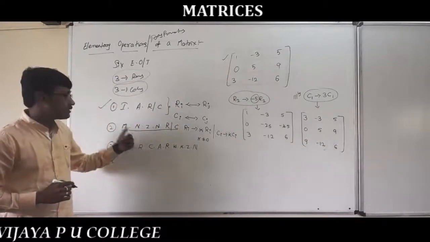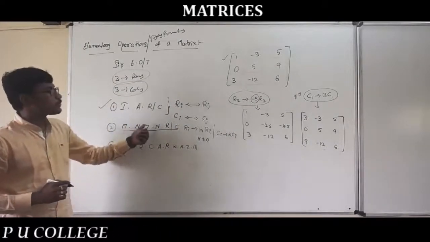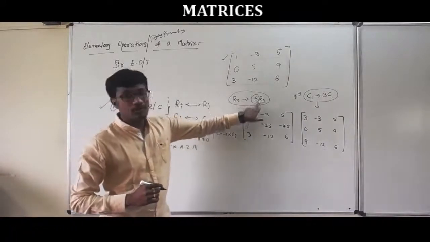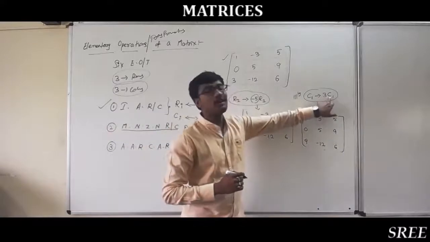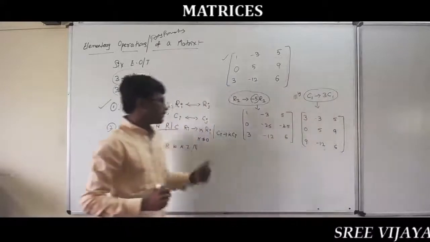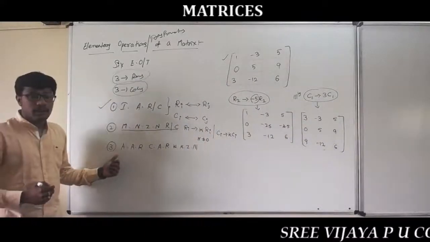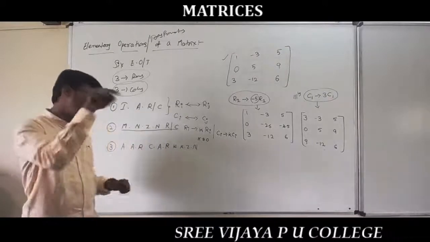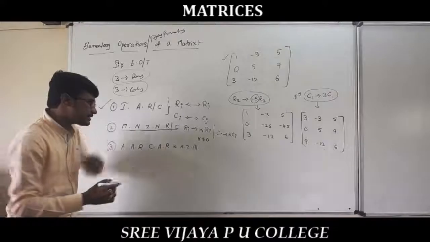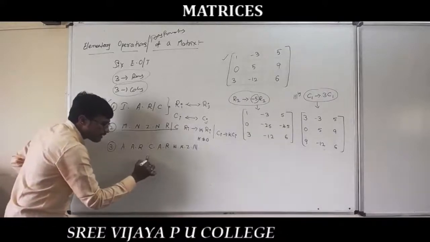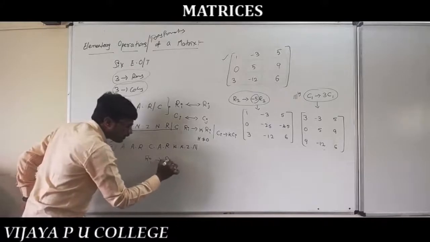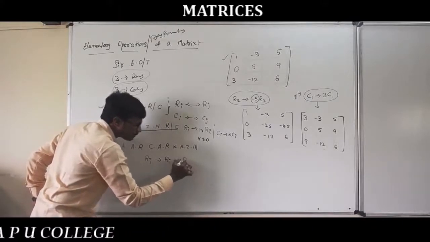So, the second one means multiplying a row or a column by a non-zero number. And the last one is addition of the elements of a row to the corresponding elements of another row, multiplied by a non-zero number. Symbolically it can be taken as Ri changes to Ri plus k times Rj.